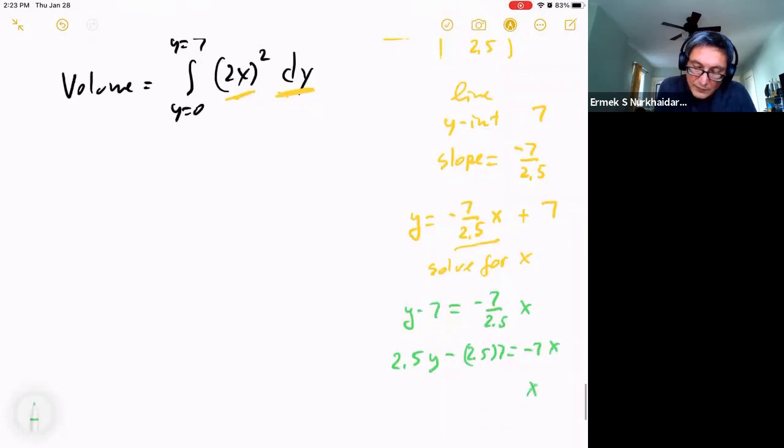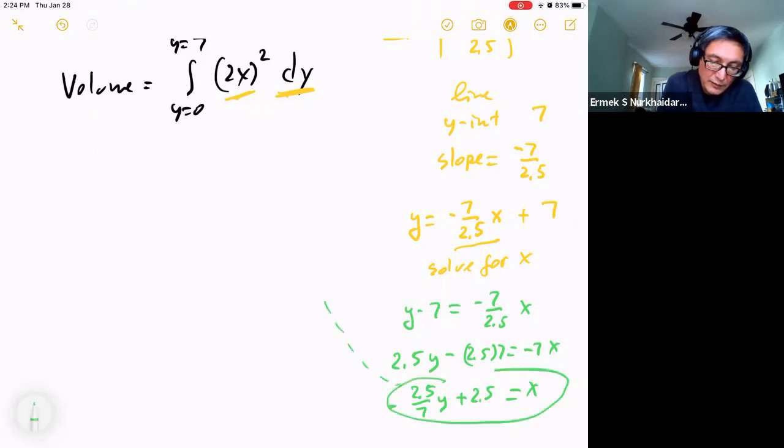So x equals 2.5 divided by 7 times (minus y plus 7). That expression we're going to substitute right here. And then we should be able to finish it, right?